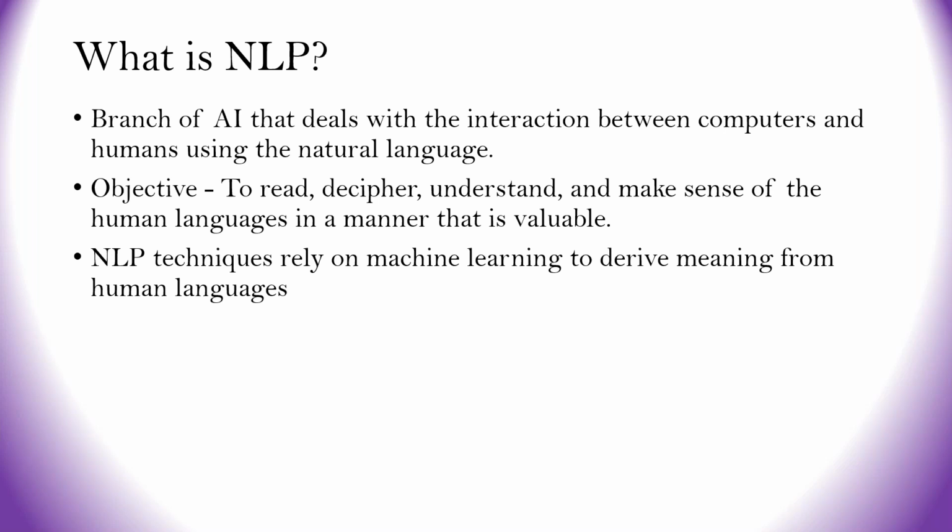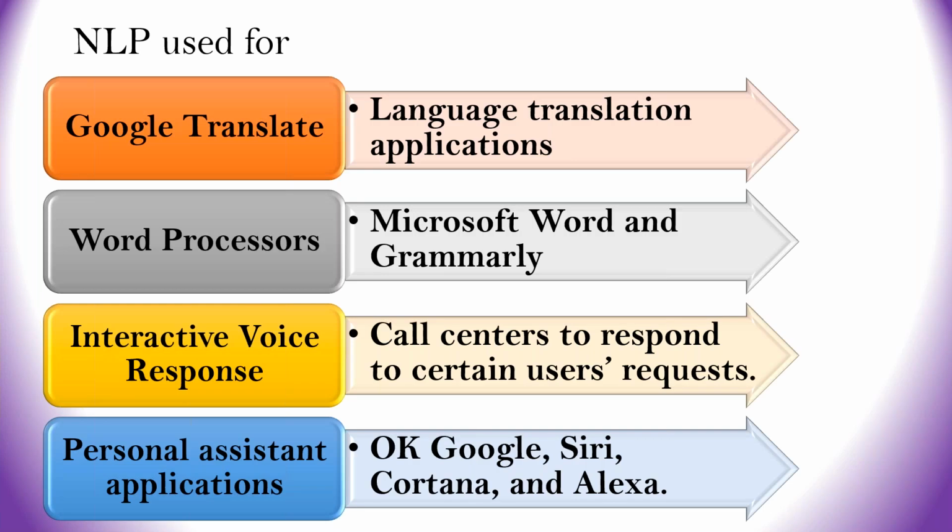So for making the computers understand what a human thinks in natural language, and how to make others understand the same language I have spoken, we use natural language processing. So it's a branch of AI. We might be using a lot of heuristic approaches also in natural language processing.